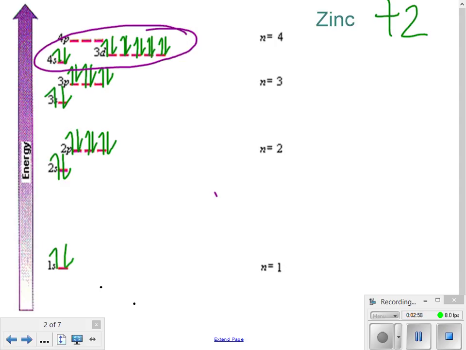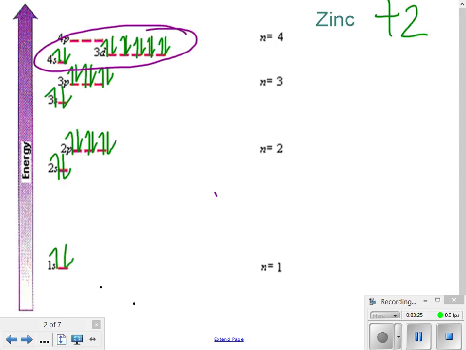So if 3d was empty, 4s would be lower, which is why we fill the 4s sublevel first. However, as we start populating electrons into the 3d orbital, those relative energies fluctuate, and 4s is going to have slightly more energy. Okay, and it's very slight because these energy levels are so close.